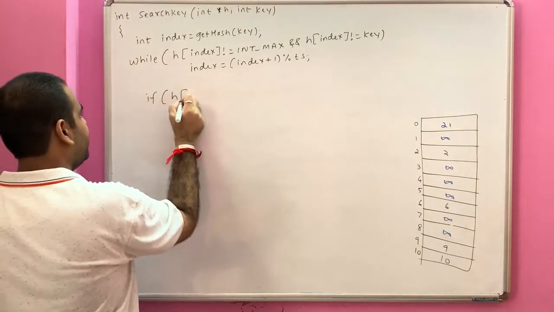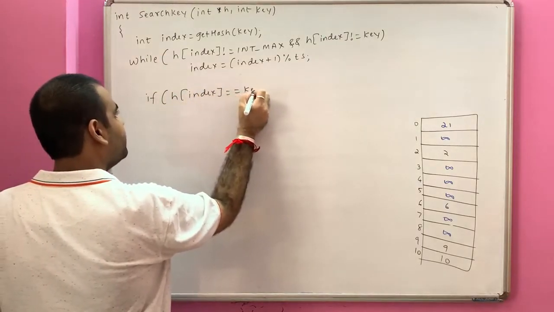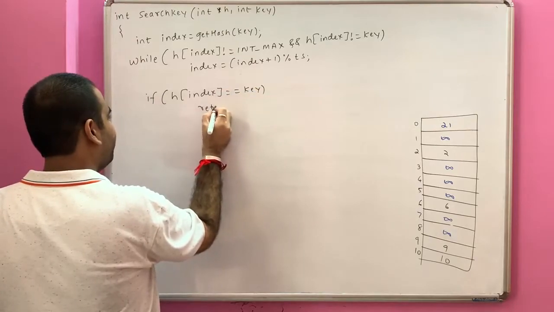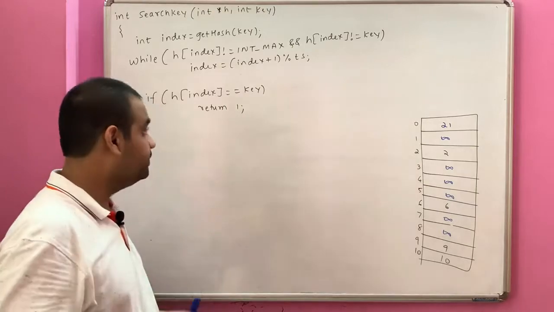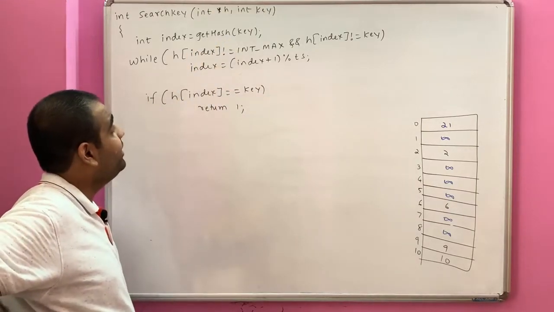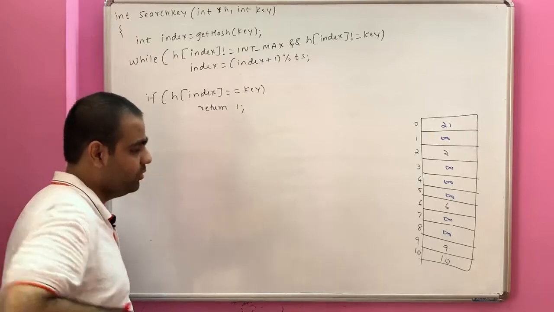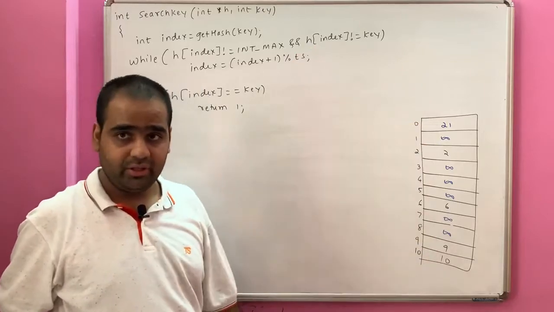Hence, we check if h of index is equal to key, that means you have found it. And if you have found it, what should we do? We should return 1. Now, suppose I want to find 32. 32 modulo 11 is 10. H of 10 not equal to infinity, yes. 10 not equal to 32, yes.